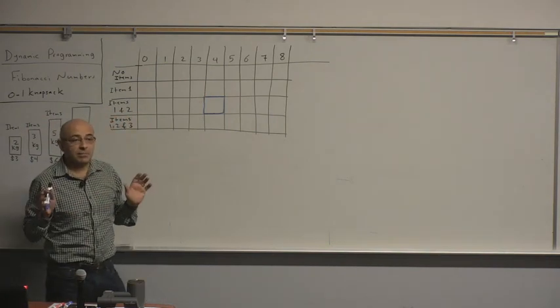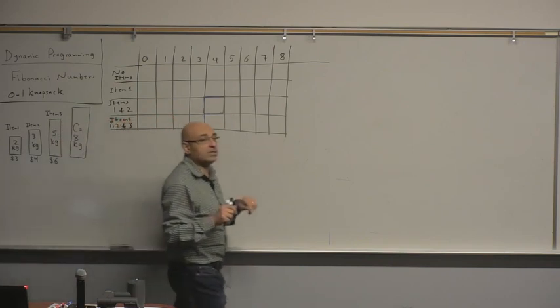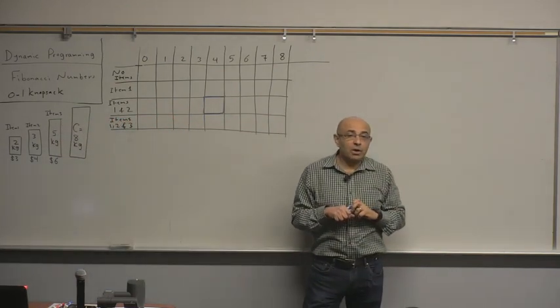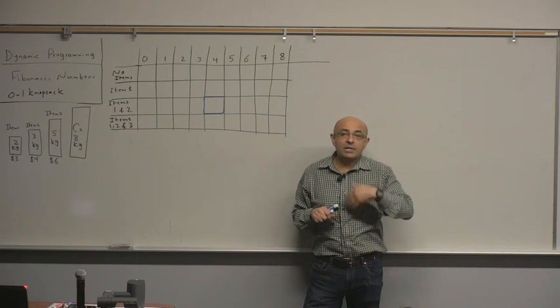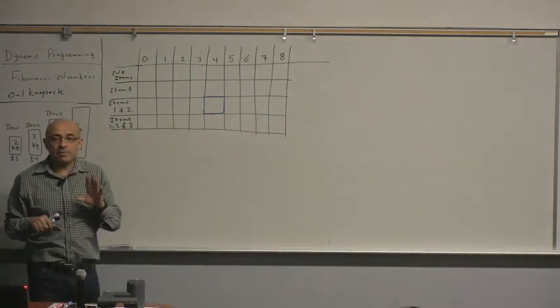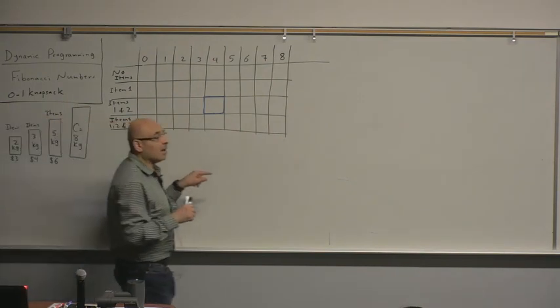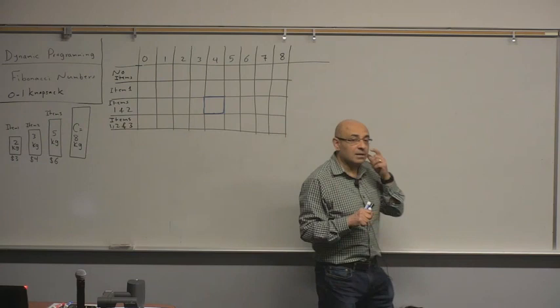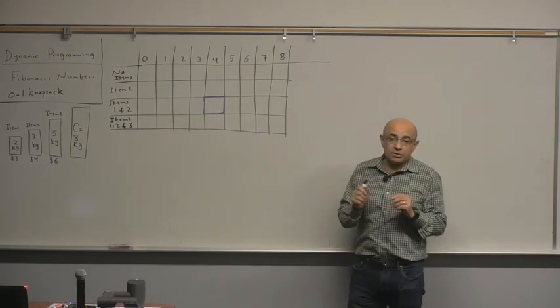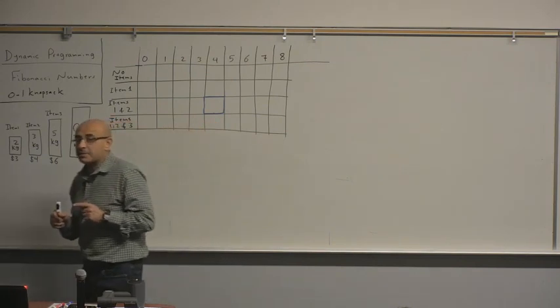So basically in this table, we are storing the solutions to all the subproblems to avoid resolving a subproblem multiple times. Each subproblem gets solved once. And because the problem exhibits optimal substructure, we can use solutions to the subproblems to build solutions to the bigger problems.